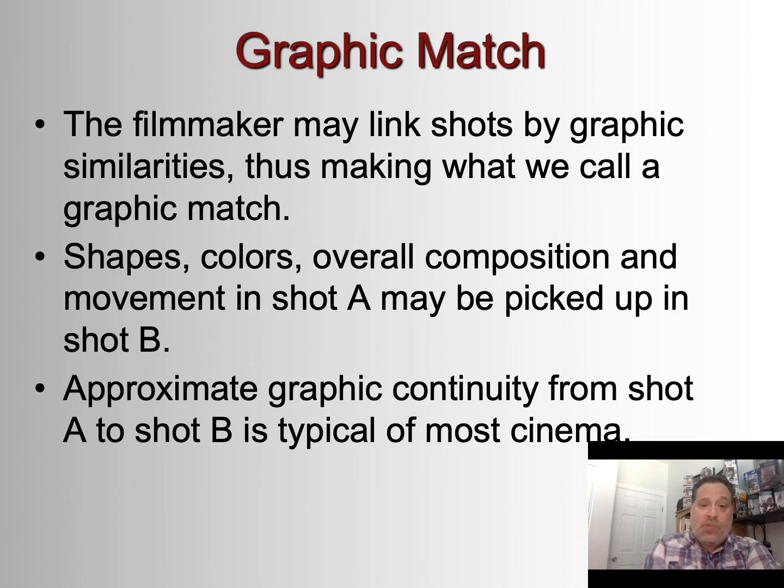The filmmakers may link shots by graphic similarities, thus making what we call a graphic match. Shapes, colors, overall composition, and movement in shot A may be picked up in shot B. And approximate graphic continuity from shot A to shot B is typical of most cinema.